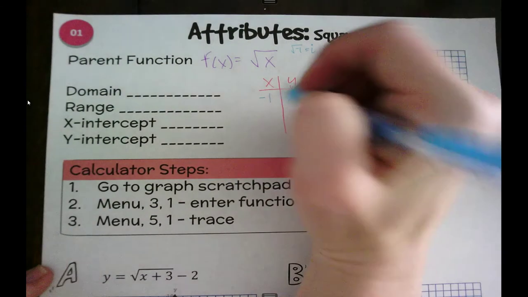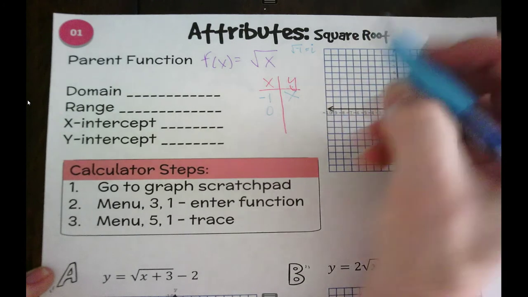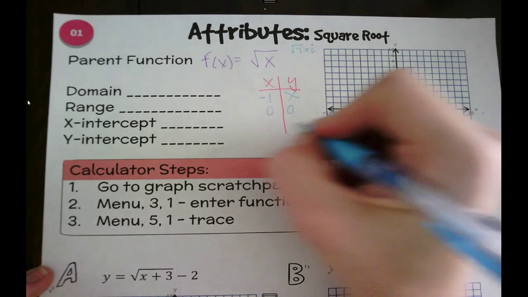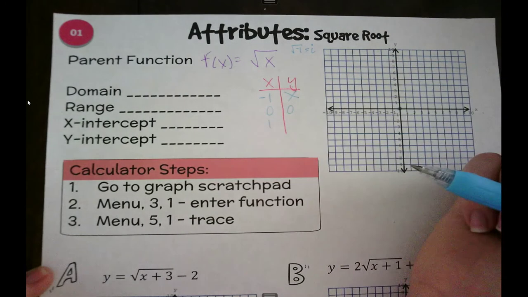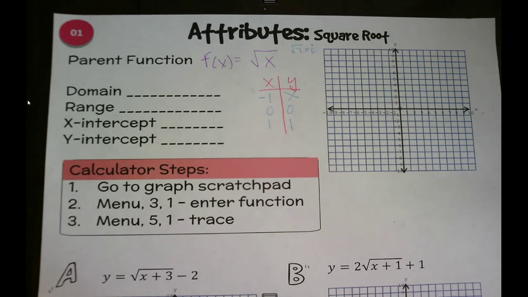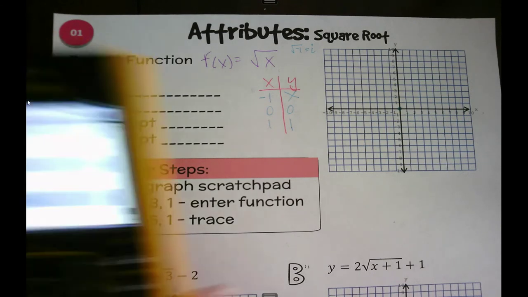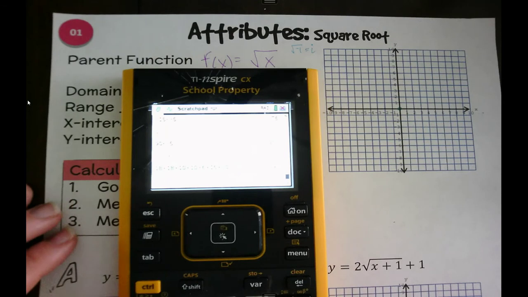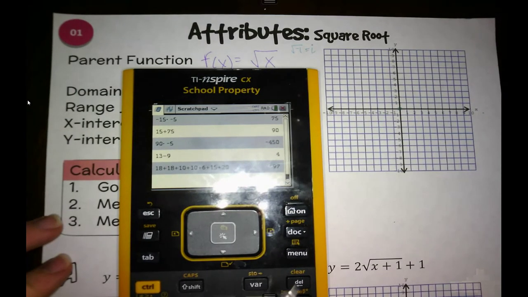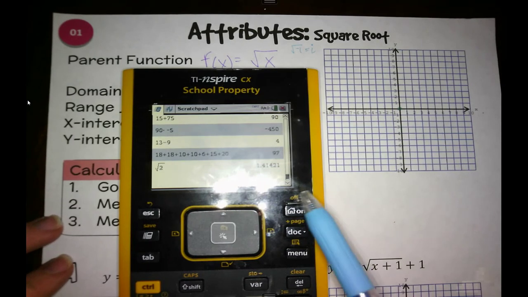Let's choose 0. If I plug in 0, the square root of 0 is 0. Let's do 1. The square root of 1 is 1. If I do 2, the square root of 2 gives me some decimal numbers.